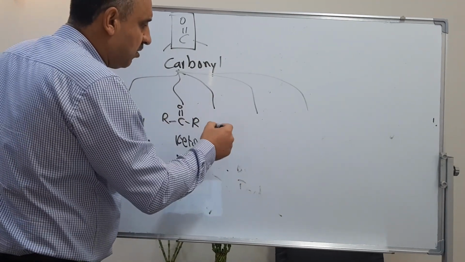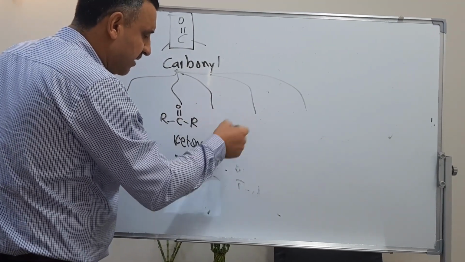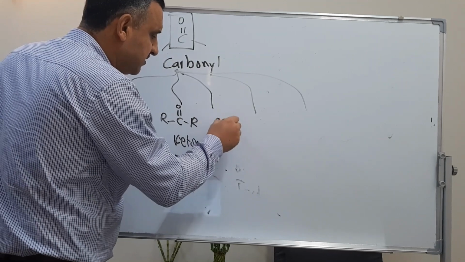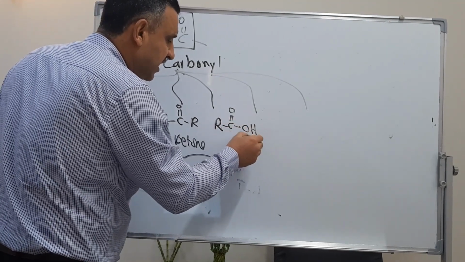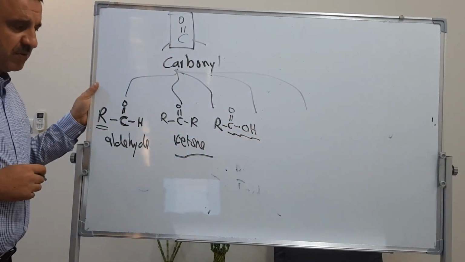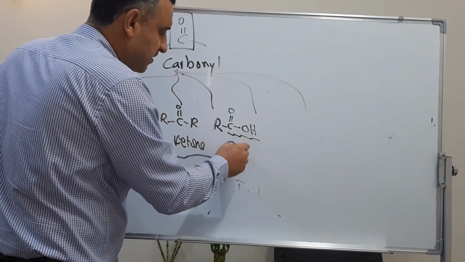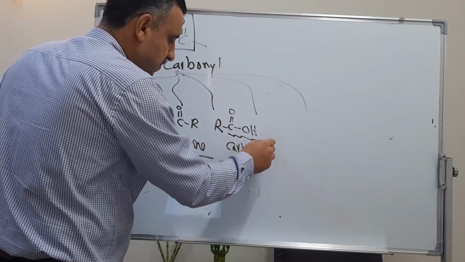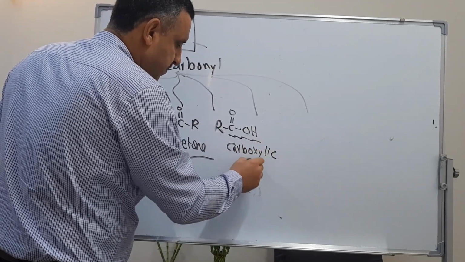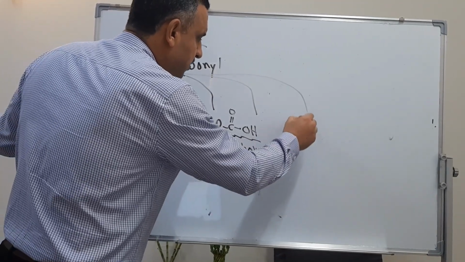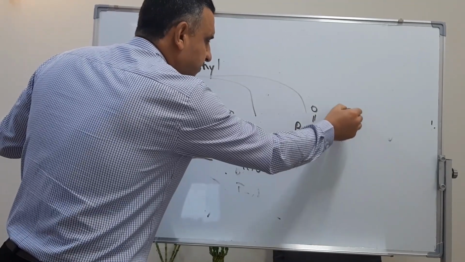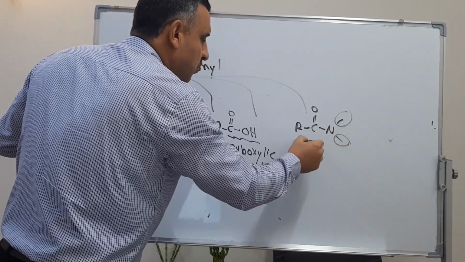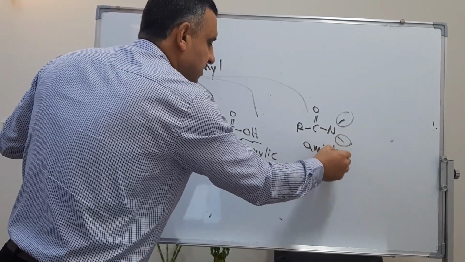Now, there are also the carboxylic acid derivatives. If the carbonyl is attached to OH, then we will call it carboxylic acid. If it is attached to an amine, to a nitrogen, regardless of what these groups are, we will call it amide.